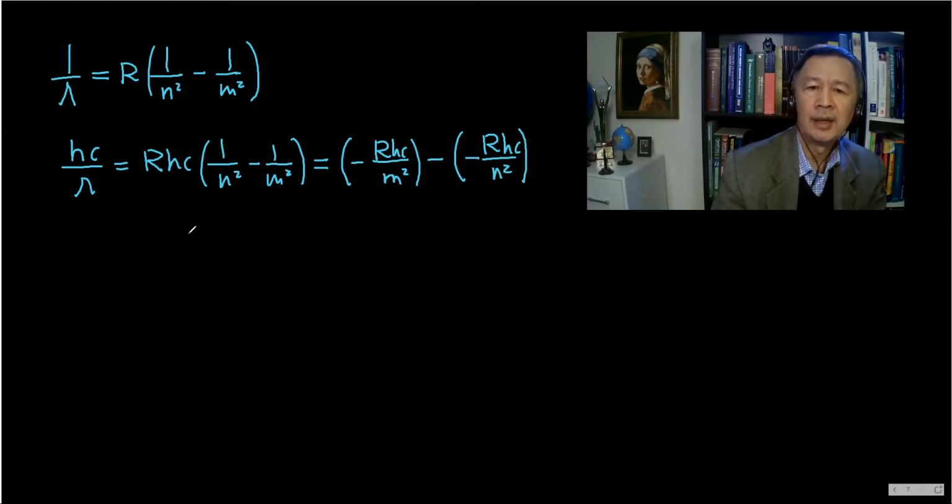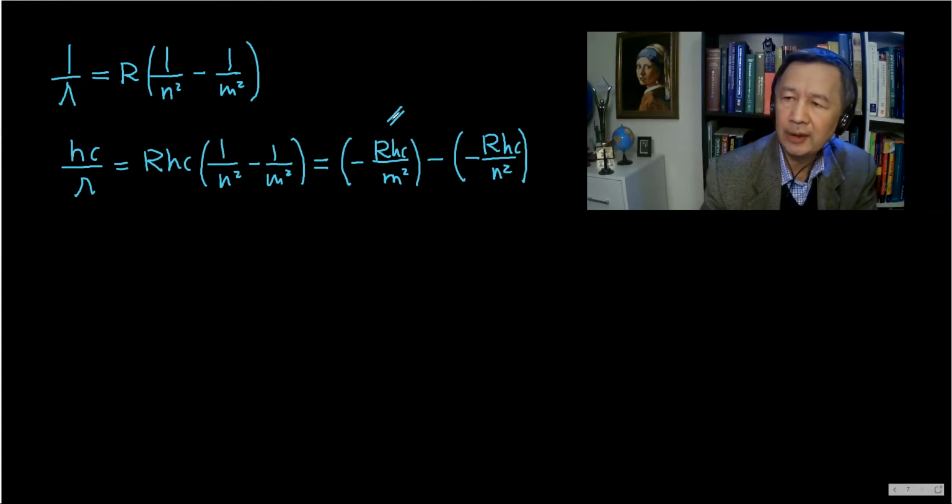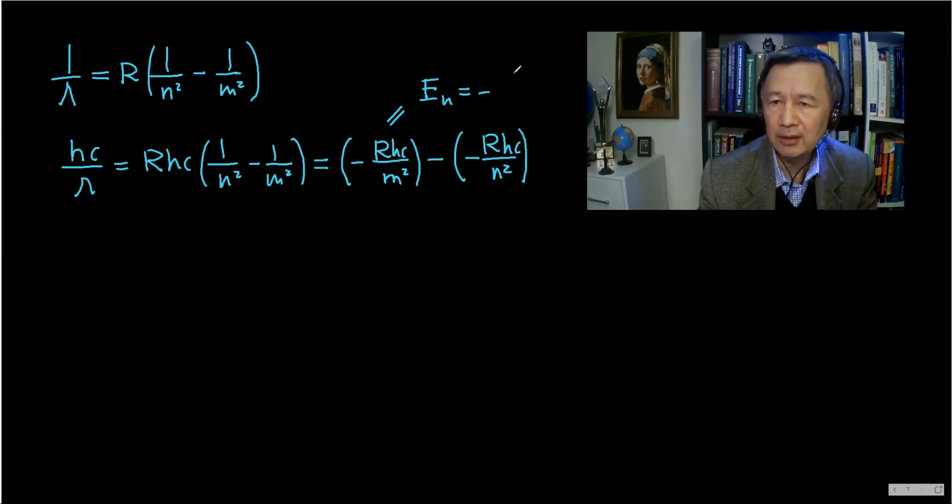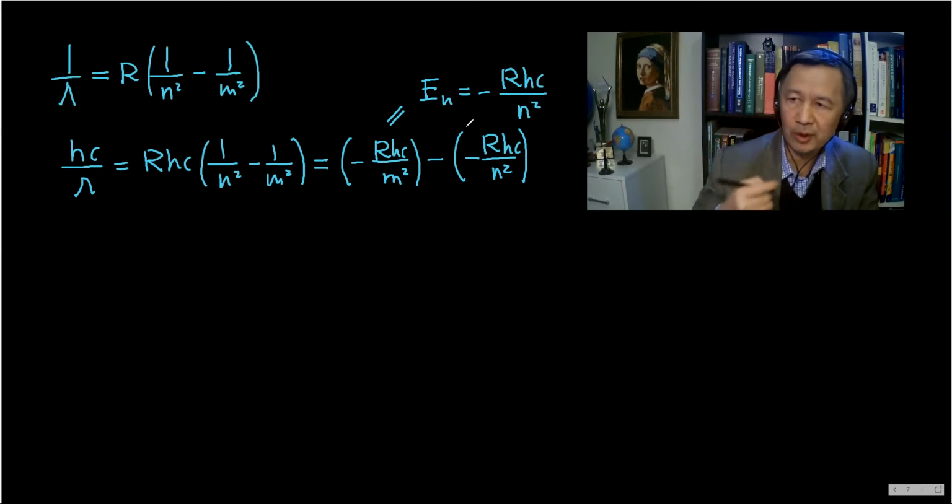So that implies that we have assumed that the total energy of the hydrogen atom, which of course is just the total energy of the bound electron, E, can be written as a negative constant, Rhc, divided by the integer squared. This is called the inverse square law, you see.